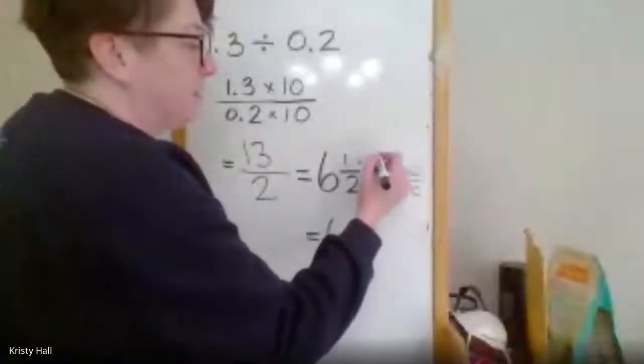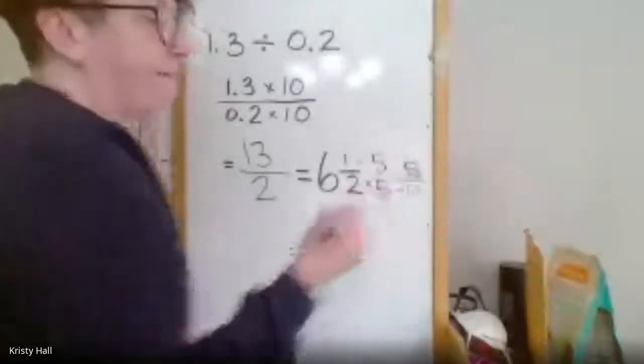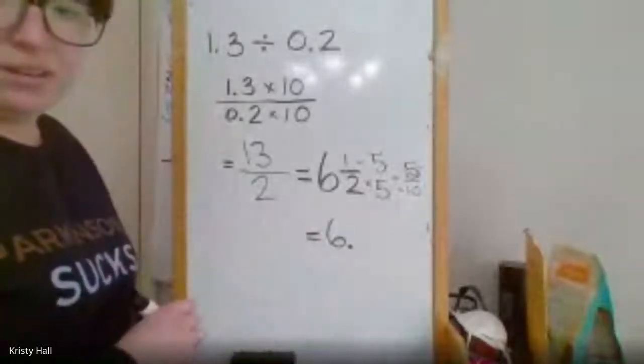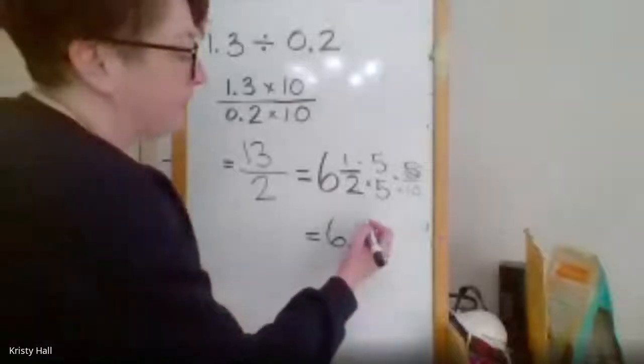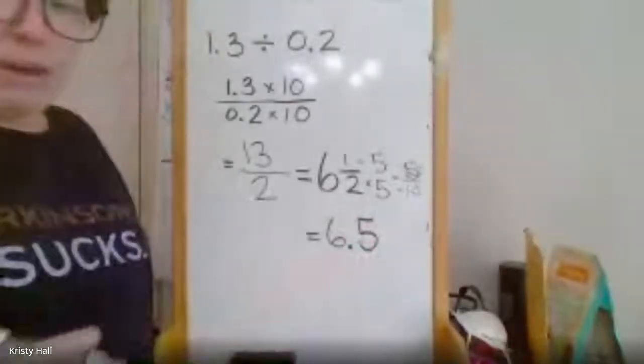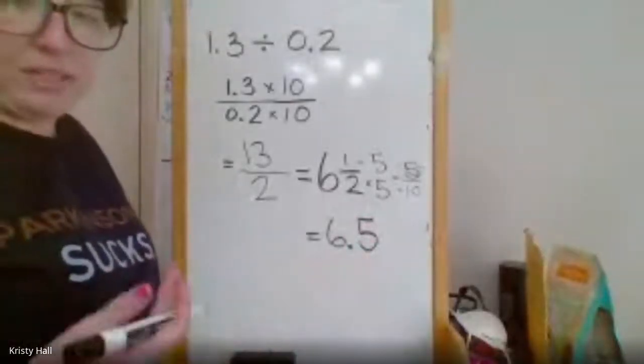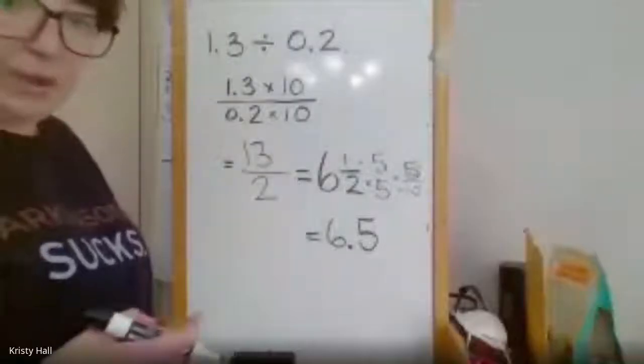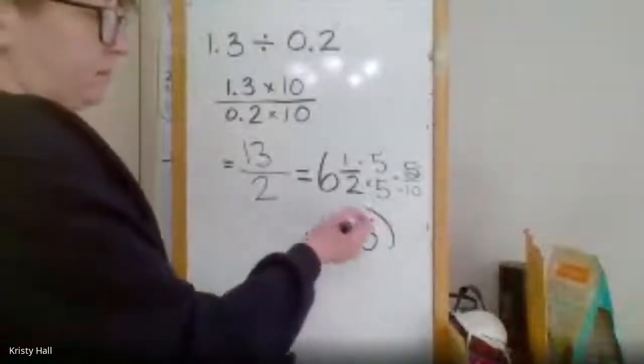No. 5. 5, right. So that would equal 5 tenths. So what would go after my decimal? 5, right. When you think about decimals, writing a half is always 5. So it's half of a 10. Okay? So that's your answer.